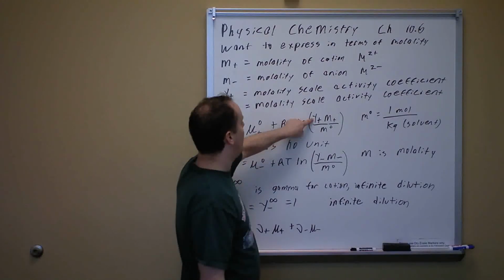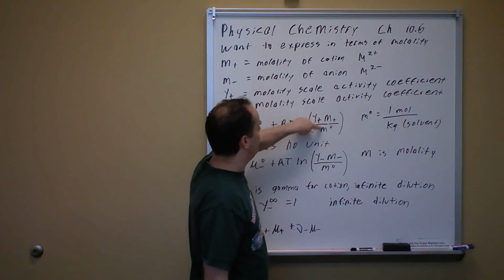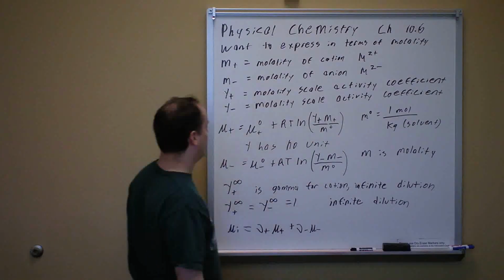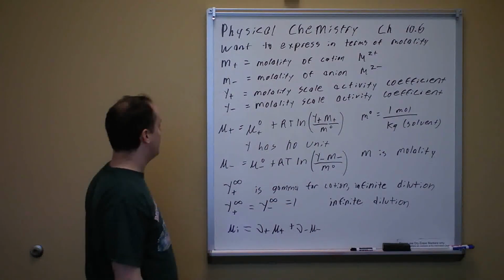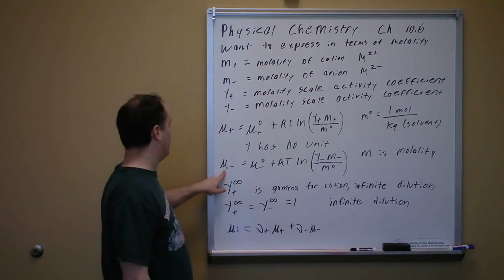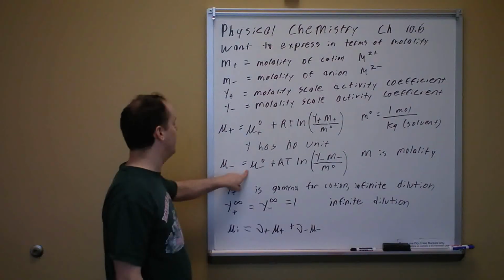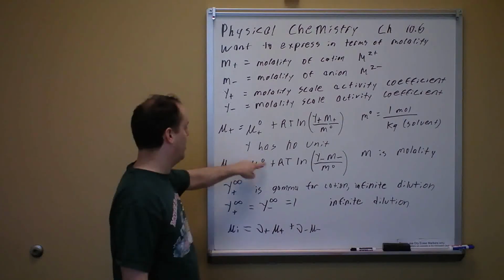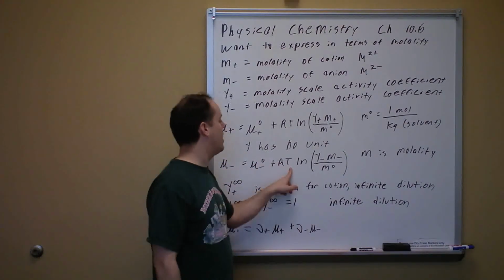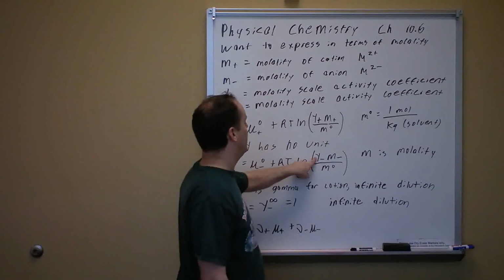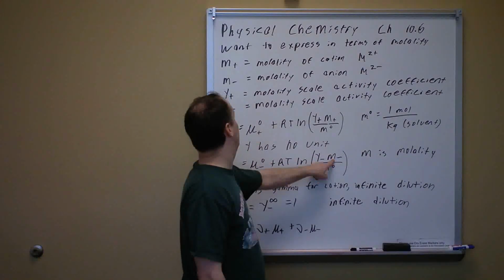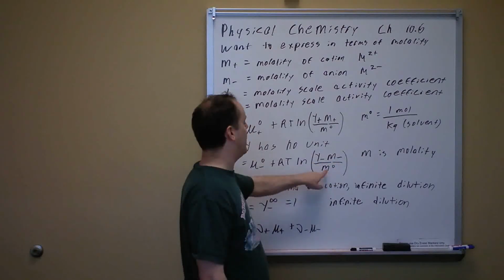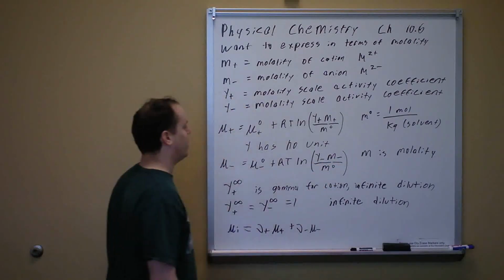Now remember, this gamma has no units, so these have to be in the same units. The units will cancel out, and then you can take the natural log, because you can't take the natural log of anything with units. And likewise for the anions. If you want the chemical potential of the anions, you have the chemical potential of the anions in the standard state, plus R times the absolute temperature times the natural log of gamma minus, the molality scale activity coefficient of the anions, times the molality of the anions divided by the molality of the standard state.